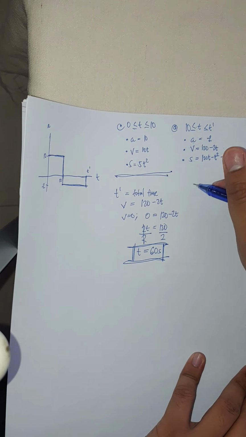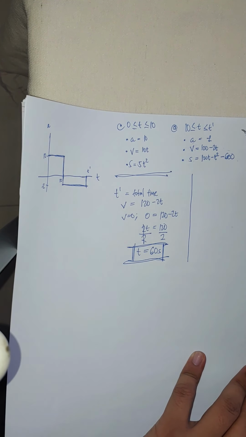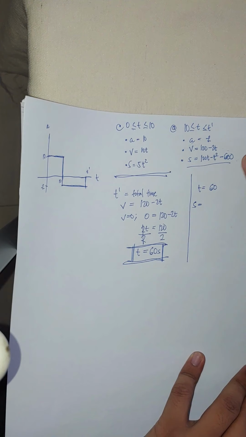Now we were asked ang total distance traveled na kuno niya. So, ang distance traveled is katong gikan sa start hangtod sa nahunong siya. So, ang total time man niya is 60 seconds. Then we can use this equation para makuha ang total distance traveled. That is position is equal to 120t minus t squared minus 600.